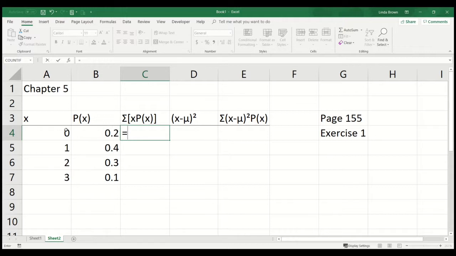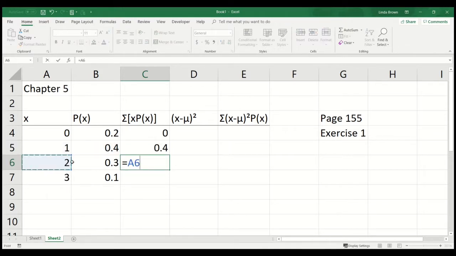We can go equal sign, our X value, which is 0, multiplied by our P value, which is 0.2, and that gives us 0. And we just do the same all the way down. We'll go 1 times 0.4 equals 0.4.